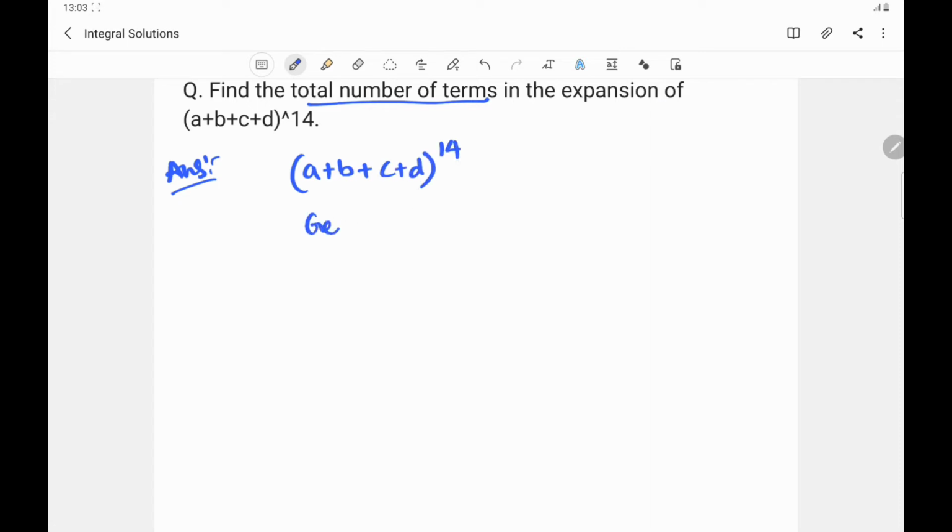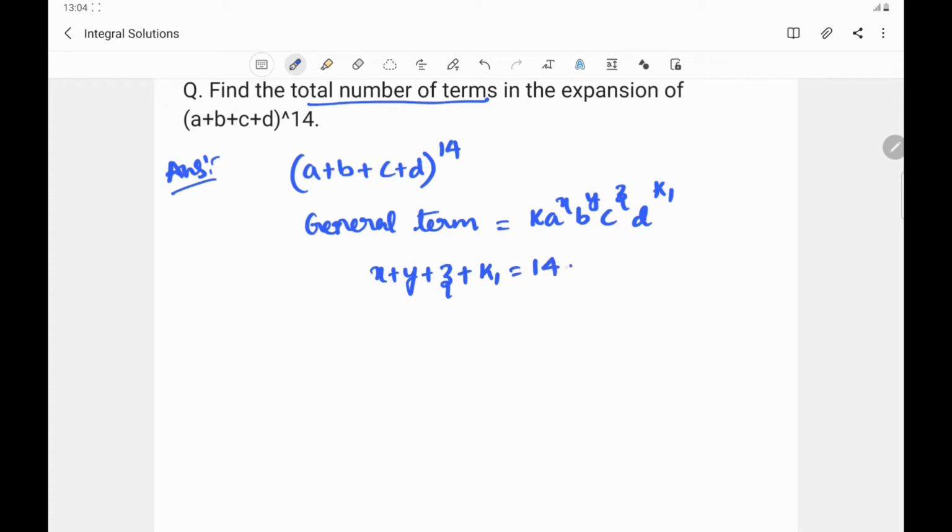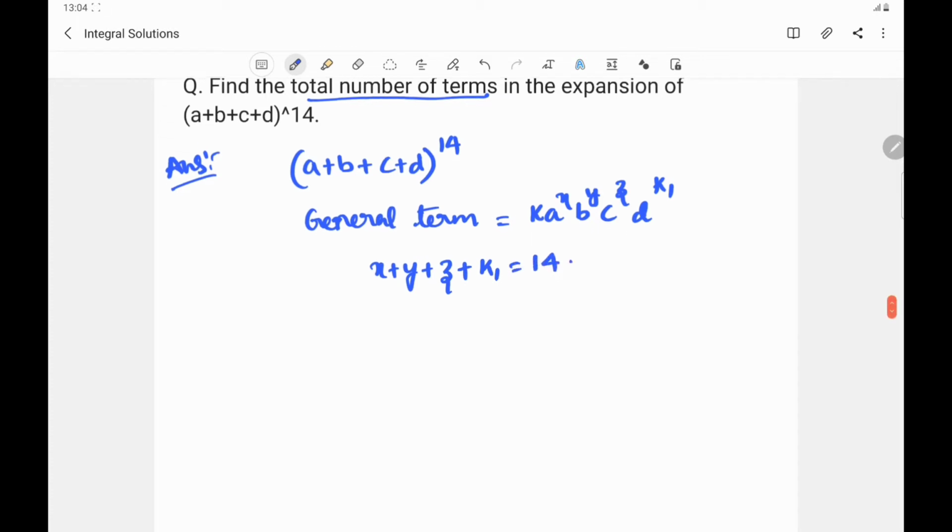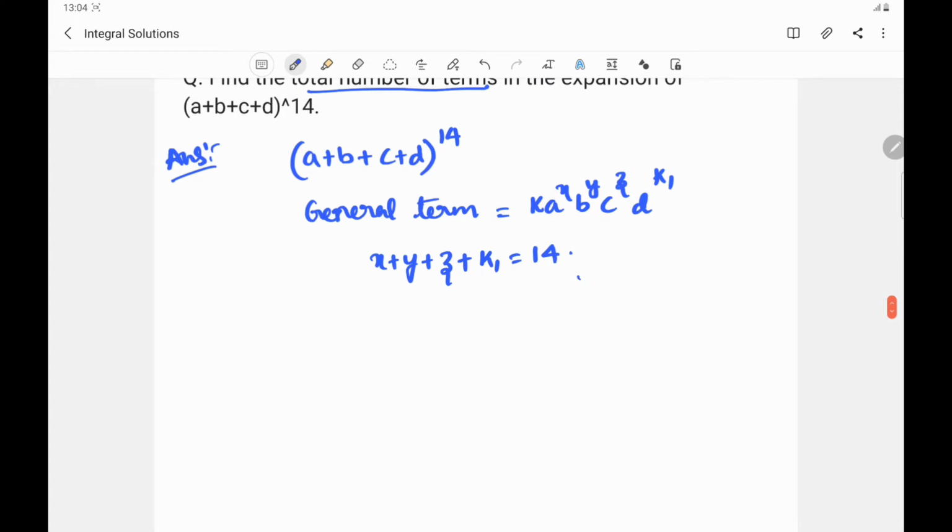So the general term of this expansion would be some k, a to the power x, b to the power y, c to the power z, and d to the power some k1, let it be. So we know that x plus y plus z plus k1 is equal to 14, and x, y, z, k1 are all greater than or equal to 0.